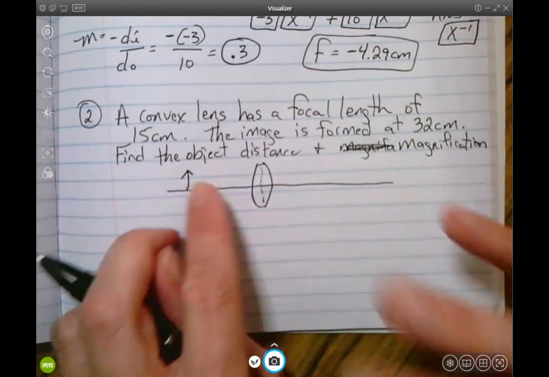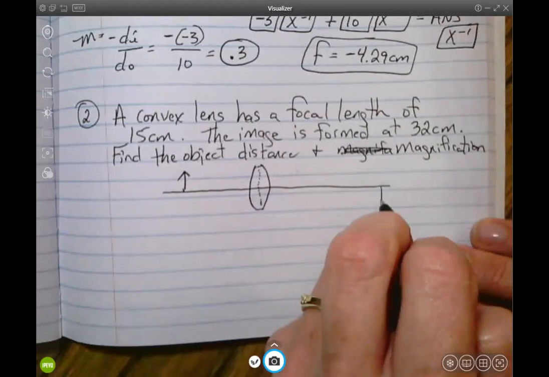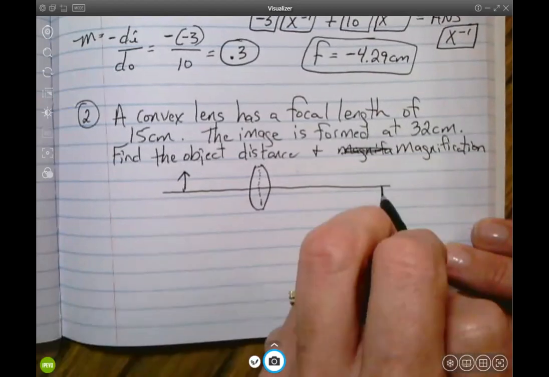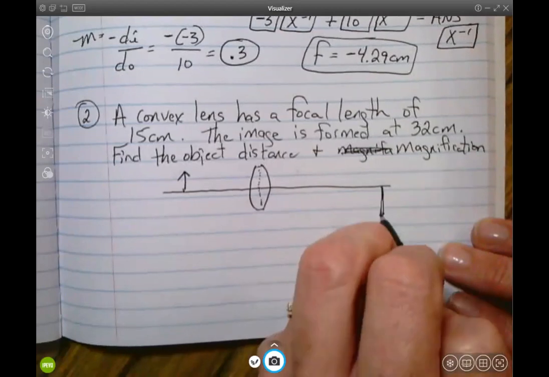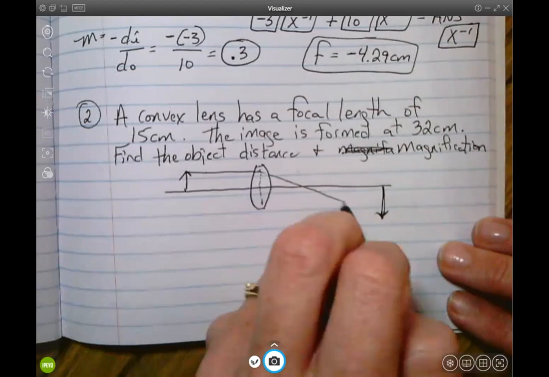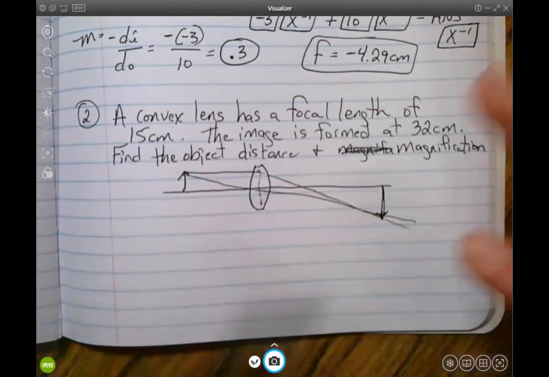We just don't have enough information. But we can assume that there's an image way out here. If this is 15, the image is like twice as far. It's going to be upside down, over here. It's something like this. It's rough.